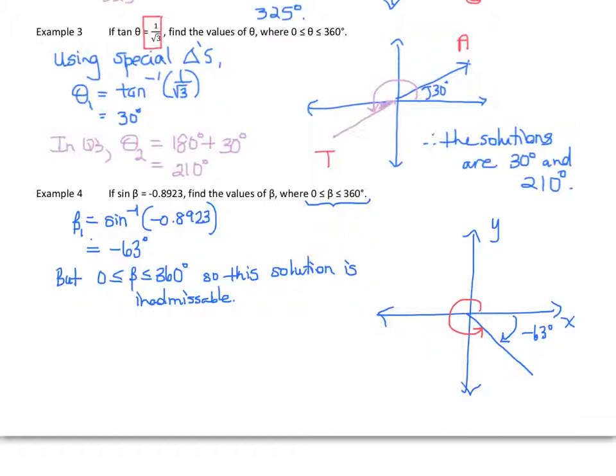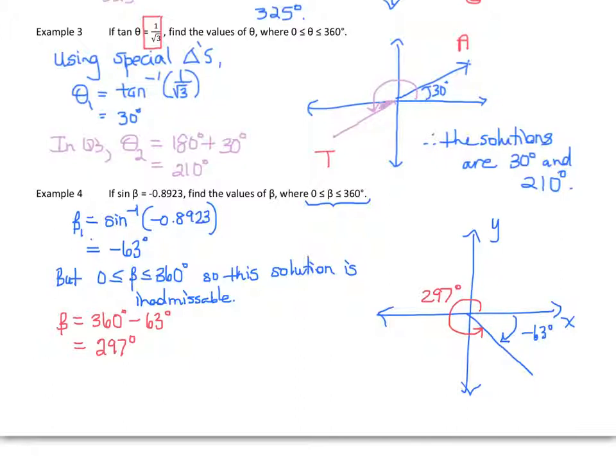So we'll say beta is actually 360 degrees minus 63 degrees, which is 297 degrees. So there's one solution.